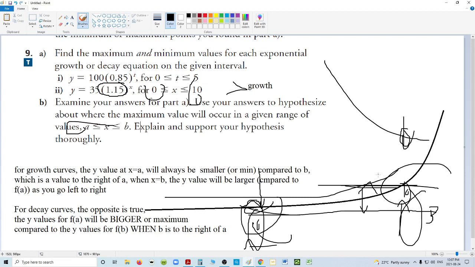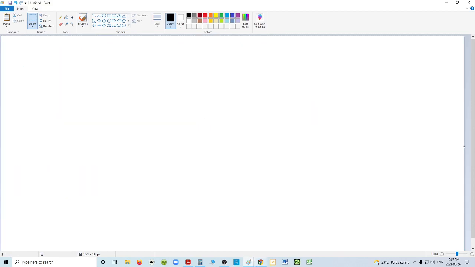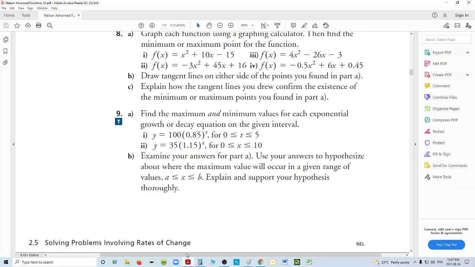That's all it means. This will always be a max, this will always be a min when the 2 points are an interval to one another. I think they're getting you used to that just so you can analyze data on growth curves.